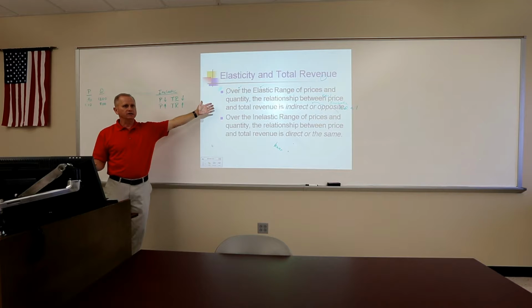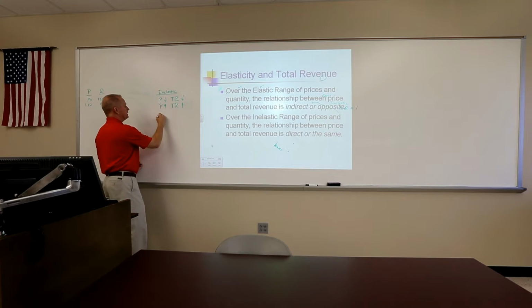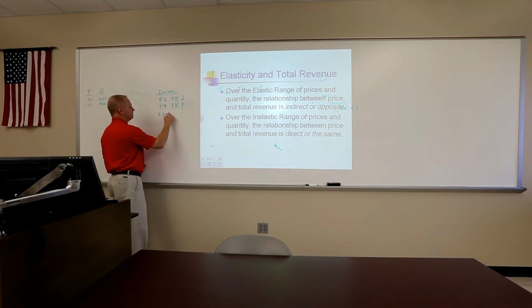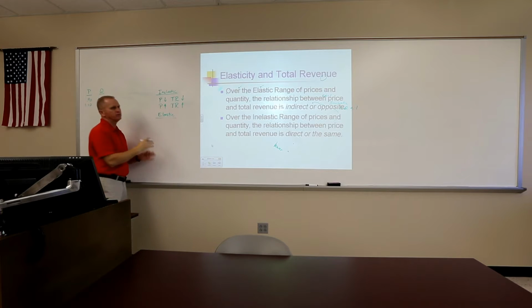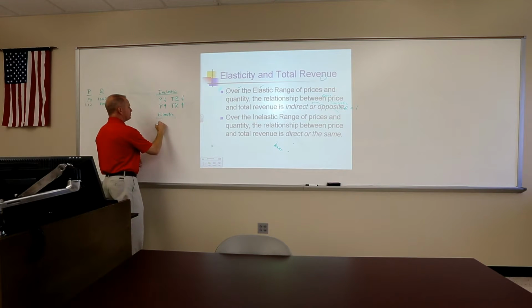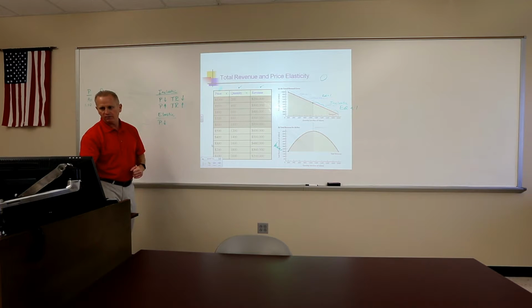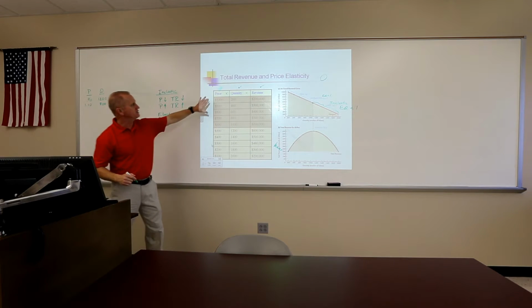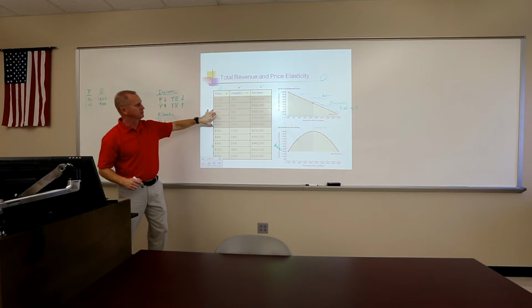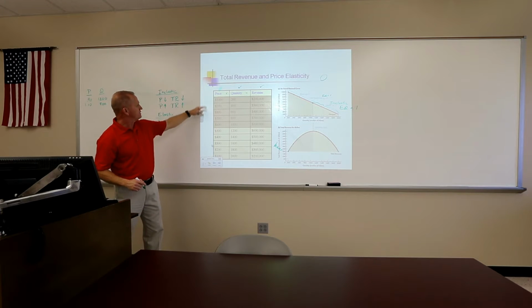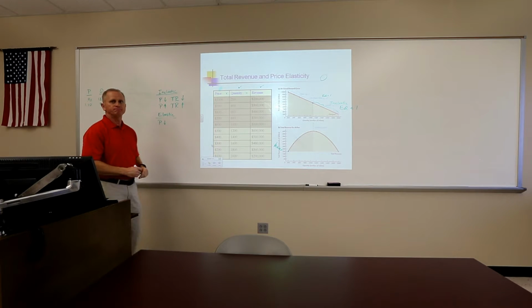The other one here is the opposite. This would be the elastic region, those kinds of products that we're going to shop around for. If the price falls, go back to the table, the elastic region is the darker brown color. So if the price is falling, what's happening to revenue? Increasing.